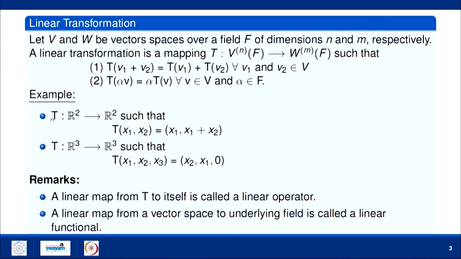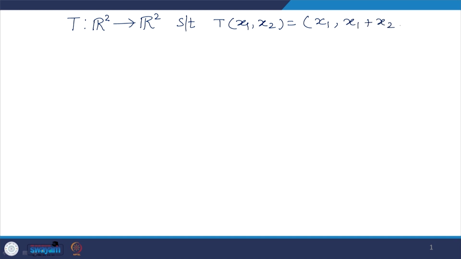Here is an example of a linear transformation T from R2 to R2 such that T of (x1, x2) equals (x1, x1 plus x2). How to prove that it is a linear transformation? We have T from R2 to R2 such that T of (x1, x2) equals (x1, x1 plus x2).